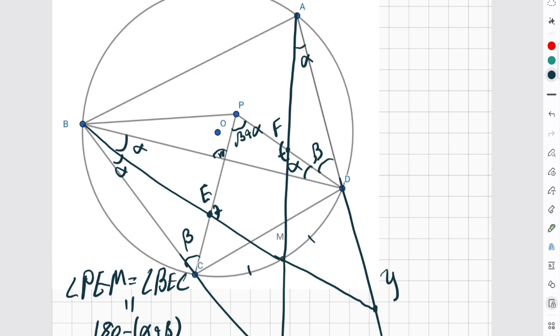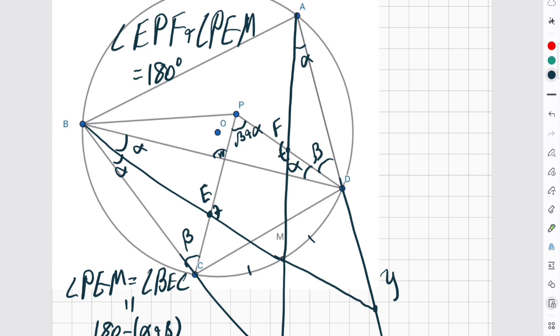And also by using these two angles we can see that the sum of angle EPF plus angle PEM is equal to 180 degrees. Also the same for EPF and PFM.